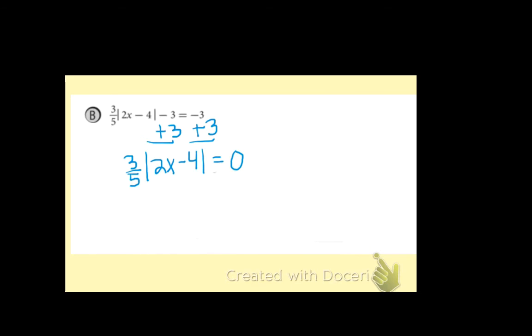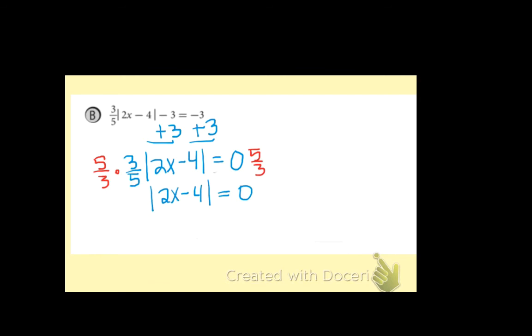So then the final thing I have to do to isolate the absolute value is to multiply both sides by the reciprocal of 3/5, which is 5/3. And 5/3 times 0 is 0, so that just leaves the right-hand side as 0 and leaves the absolute value of 2x minus 4 on the left-hand side and 0 on the right.